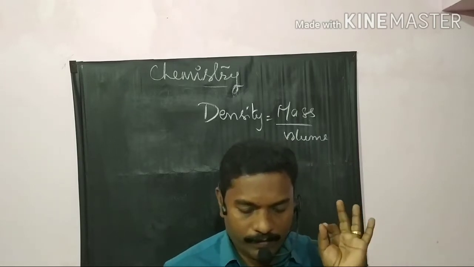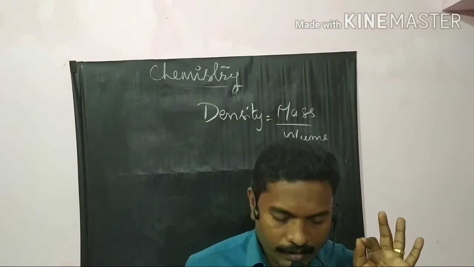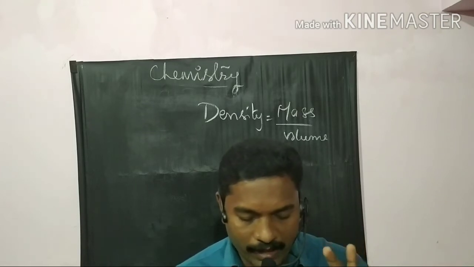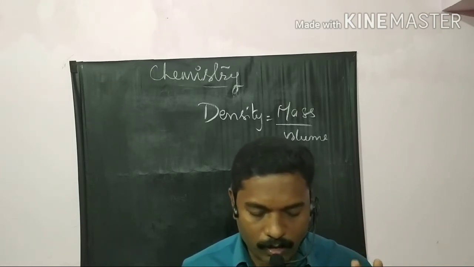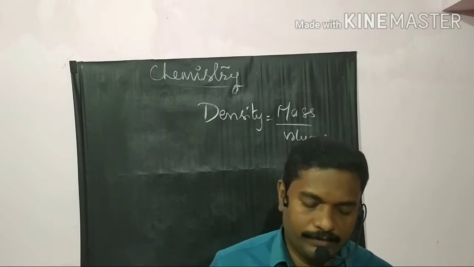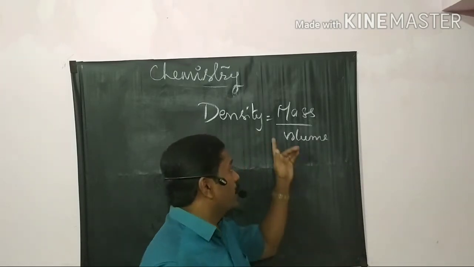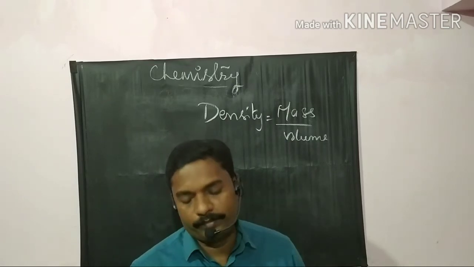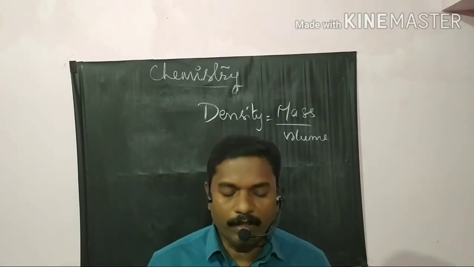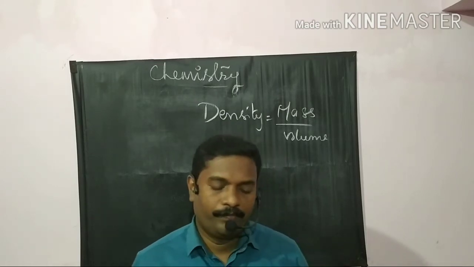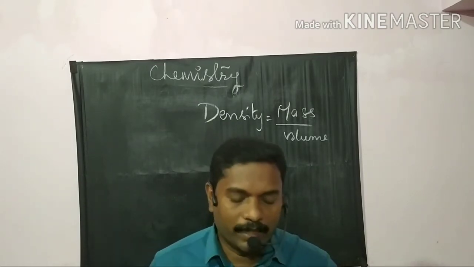The question given is: air, exhaust from chimney, honey, water, chalk, cotton and iron. So density is mass per unit volume. Okay? So did you get the answer for the first question? Yes. Then what is the second one?